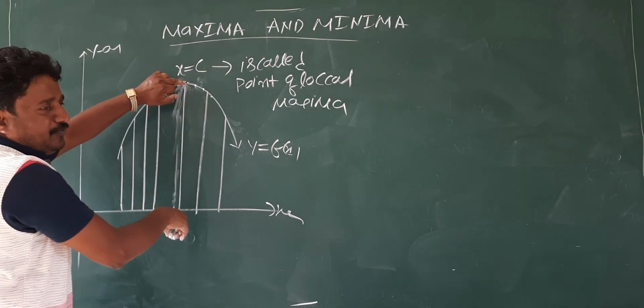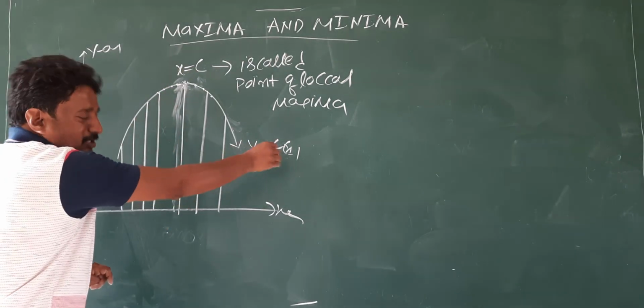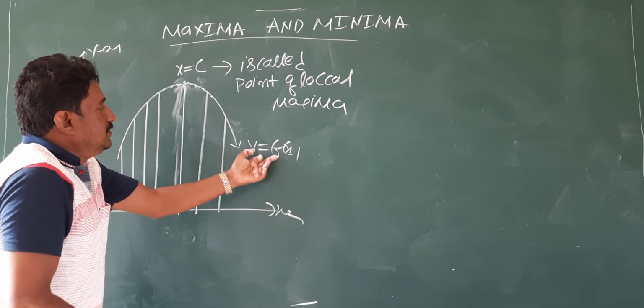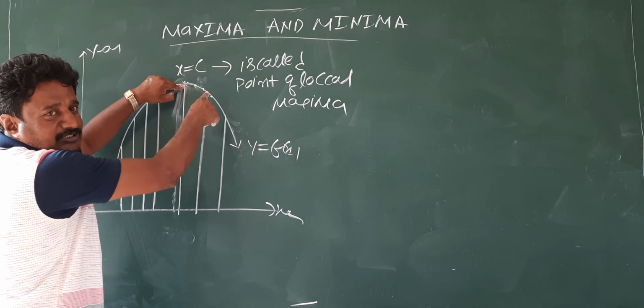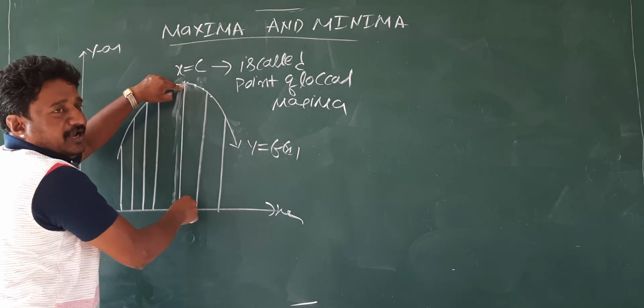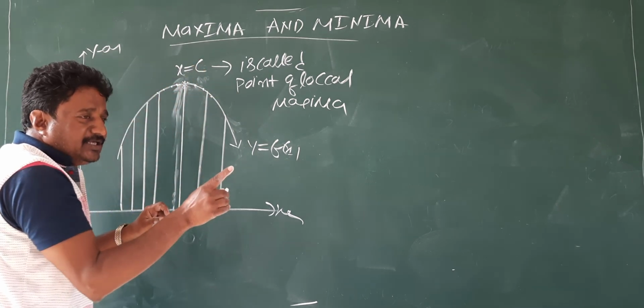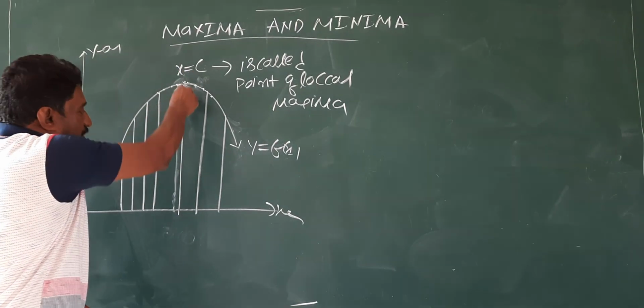And this maximum height, the y value of the function, the vertical value, clearly this y value is related to the point x is equal to c. The vertical value related to the maximum point is called the maximum value.